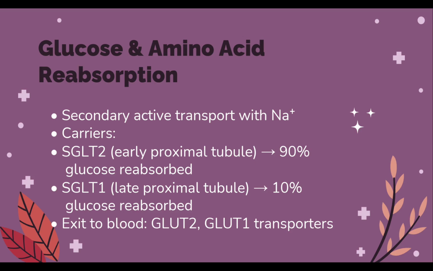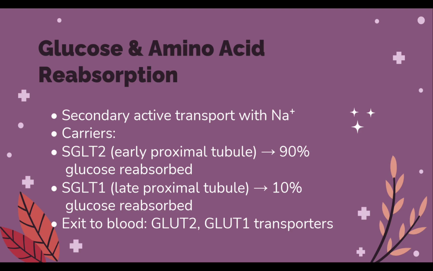Now, glucose and amino acid reabsorption. They are transported via secondary active transport with sodium, which, as I told you, is indirectly coupled to an energy source. The carriers are SGLT2 and SGLT1.